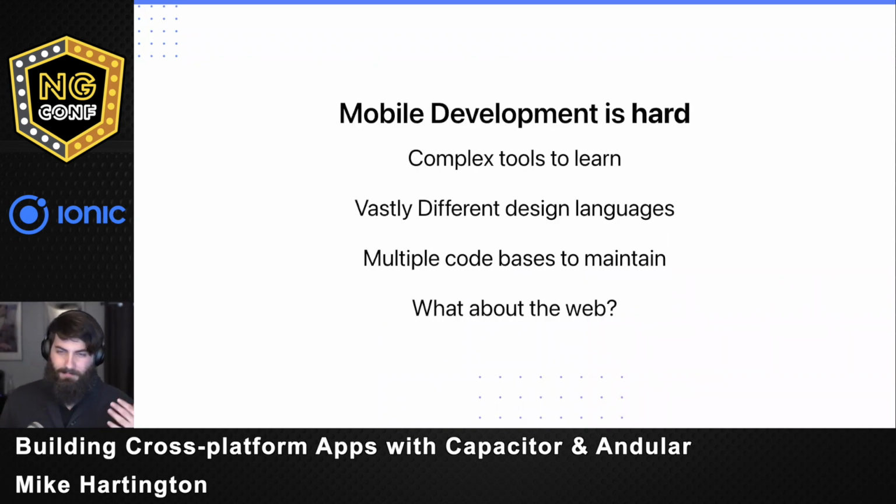So let's start off with setting some baseline, right? I think we all are aware that mobile development is not the easiest space to be in. Depending on what approach you take at building a mobile app, there's oftentimes a lot of complex tools to learn. If you are looking to target iOS and Android, well, these are platforms that have very different design languages and design expectations and or user experience expectations.